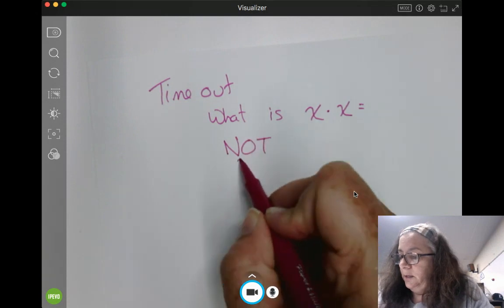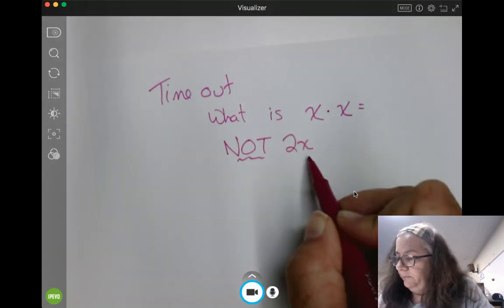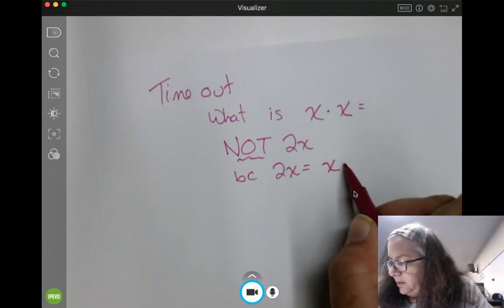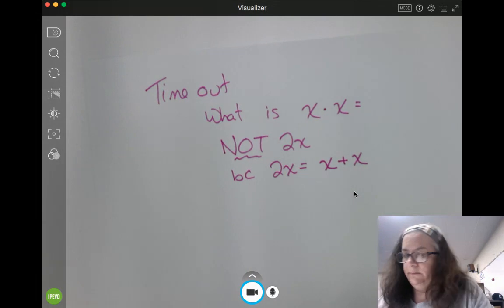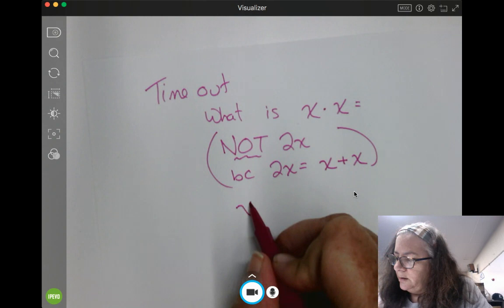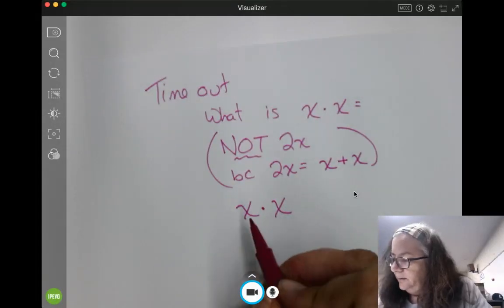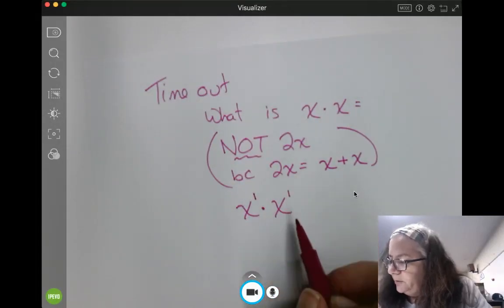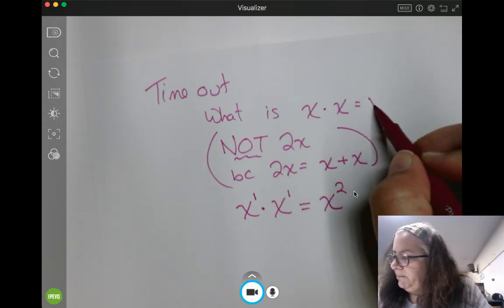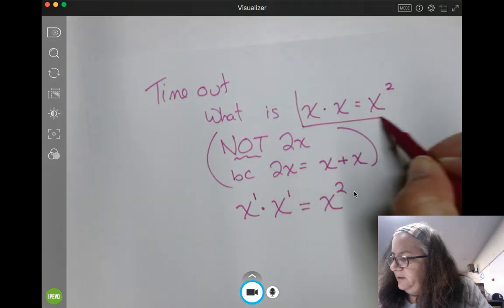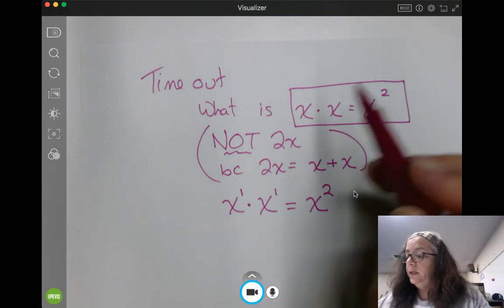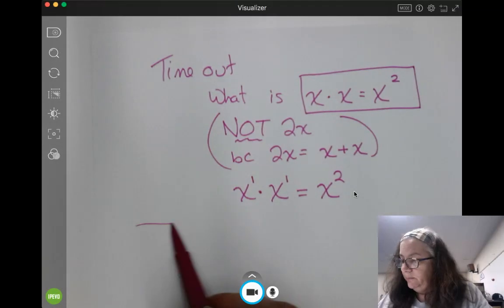It is not 2x, because 2x equals x plus x. Do you remember that these are both x to the first power? So x times x is x squared. Definitely memorize that fact. We're in quadratics now. We're going to have a lot of x squares, so we need to know that x times x is x squared.